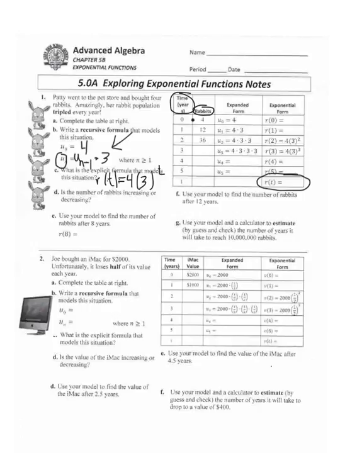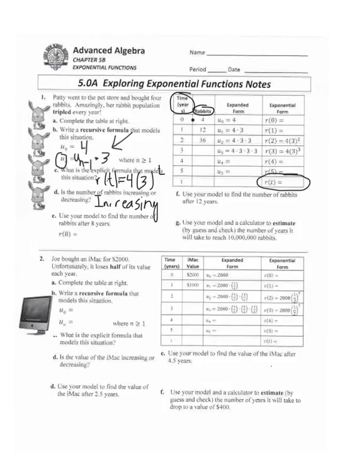Is the number of rabbits increasing or decreasing? Well, it goes from 4 to 12 to 36 to 108 to 324, so it's going to be increasing. Use your model to find the number of rabbits after 8 years.